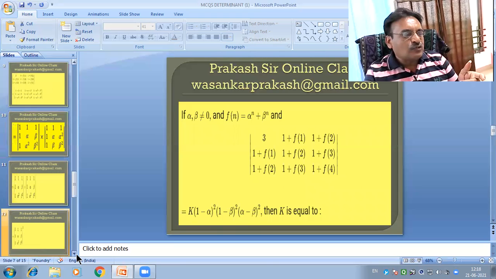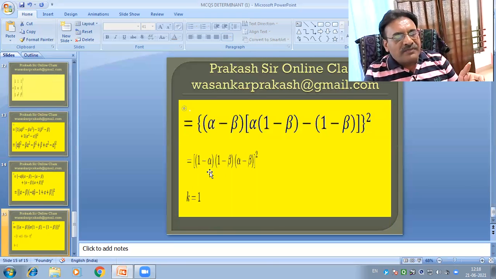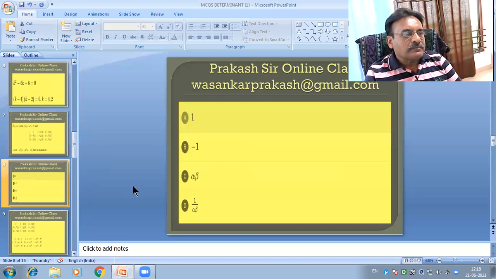And in this solution, the coefficient is 1. Therefore, the value of k is 1, so k equals 1 is the required answer. Therefore, in the multiple choice questions, A is the correct option because the value of k is 1.